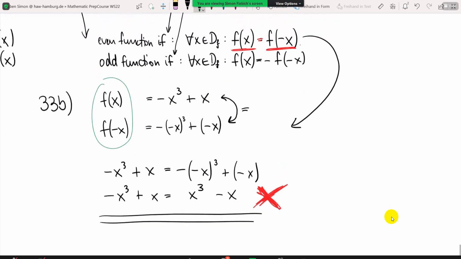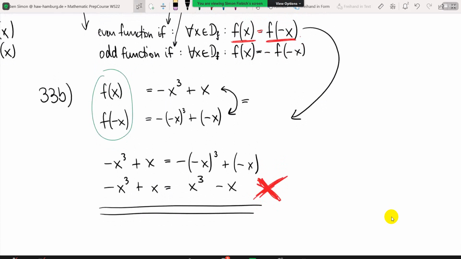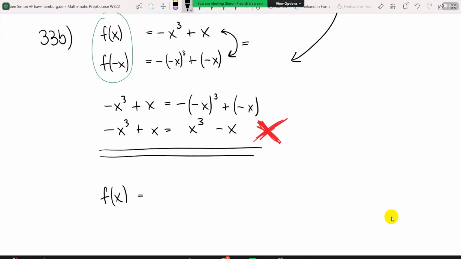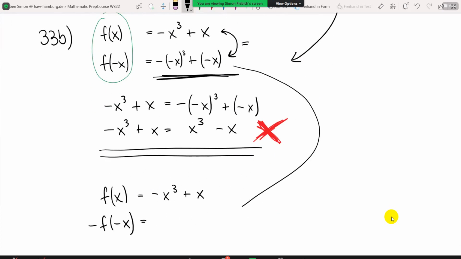So let's check the same thing for whether it's an odd function. In this case, we would have to set up the term negative f of negative x. And we can use the term we already set up for checking if it's an even function, and we would have to put another minus in front of it.